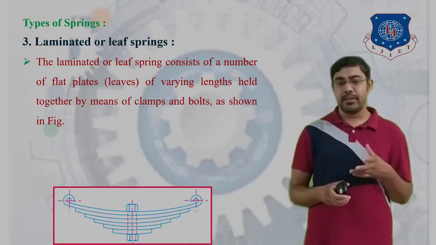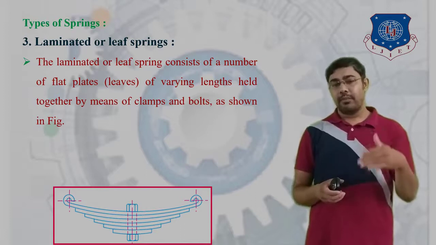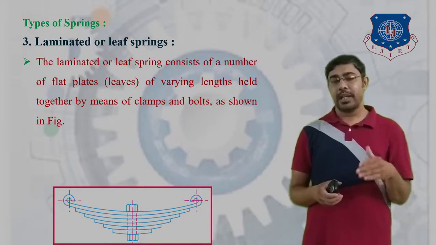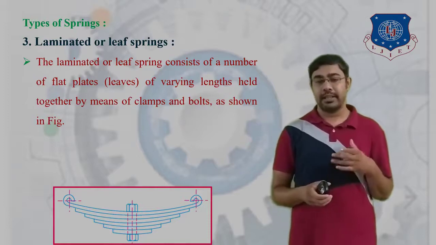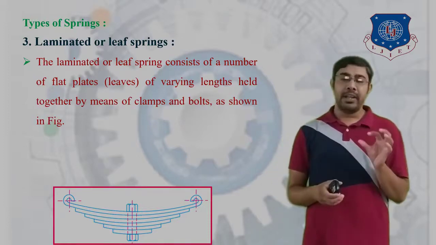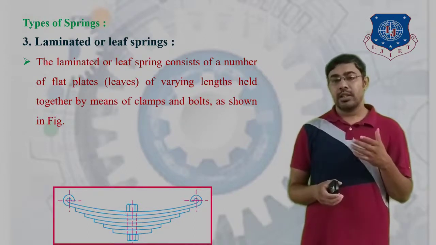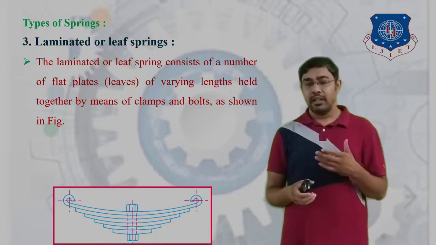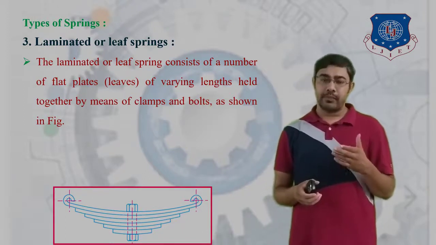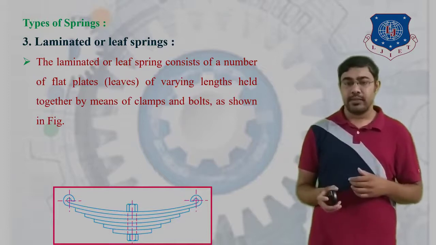You can also see in the figure that a number of flat plates are used, clamped together by means of a bolt and clamp. These flat plates are known as the leaves, of varying lengths, held together by means of a clamp and bolt as shown in the figure.